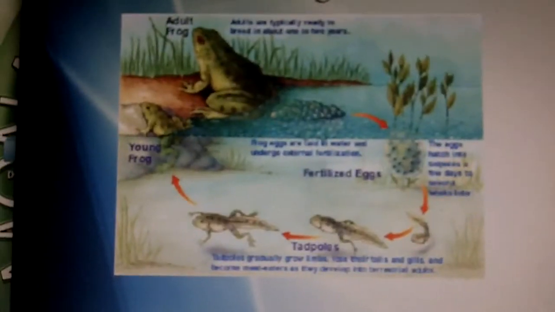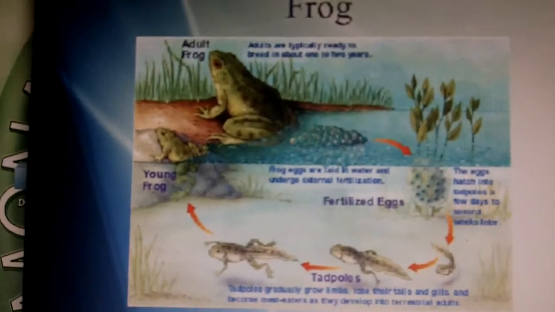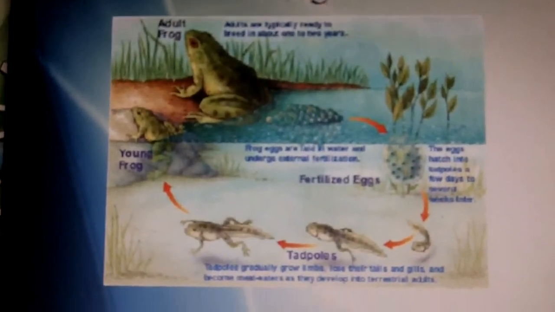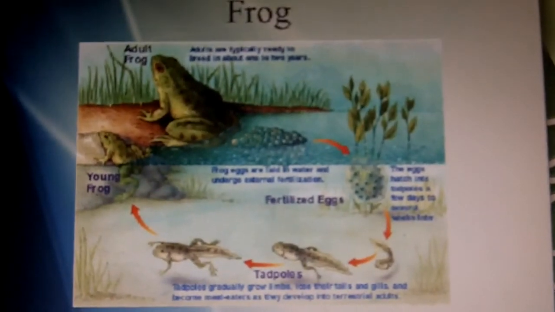Here are facts about the amphibians. Amphibians, a double life. Amphibians live in both water and land. The life cycle of a frog. Adult frog.